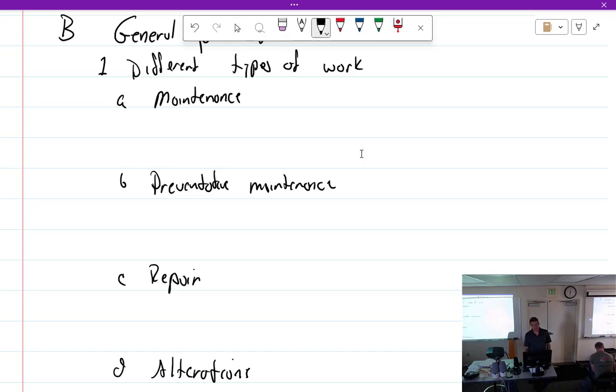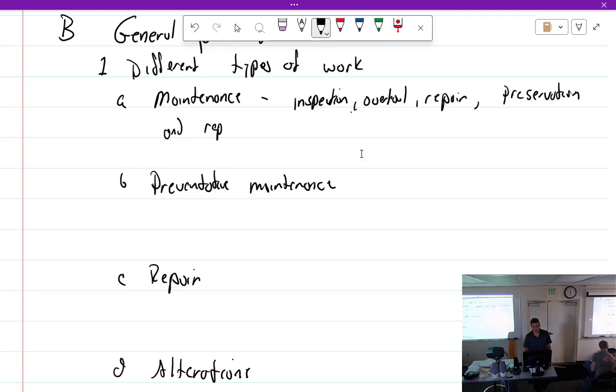So what is maintenance? Well, the FAA has a great way of defining stuff, like maintenance means inspection. Like, wait a minute, inspection's all the way at the bottom. Yeah, well, it's right here too. Inspection, overhaul, repair, preservation, getting rid of corrosion, stuff like that, and replacement of parts, but excludes preventative maintenance.